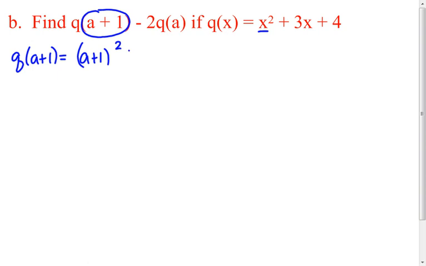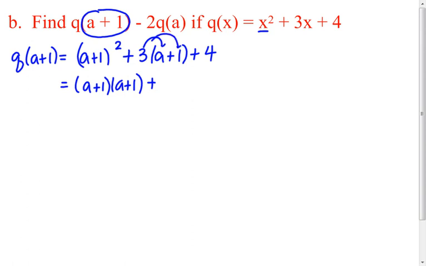So I have a plus 1 quantity squared plus 3 times a plus 1 plus 4. Okay, I'm just doing this piece of it right now, and then we'll put everything together. Really common mistake when you take a plus 1 and square it is people want to take the a and square it, and the 1 and square it, but that's not what you do. Remember, when you square a quantity, you need to multiply it by itself, like that. So that's how that would look.